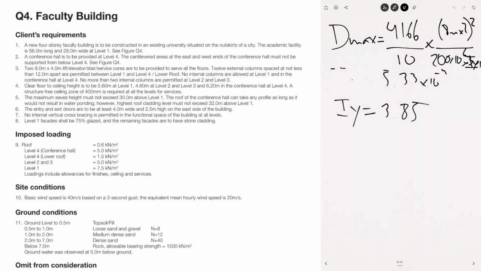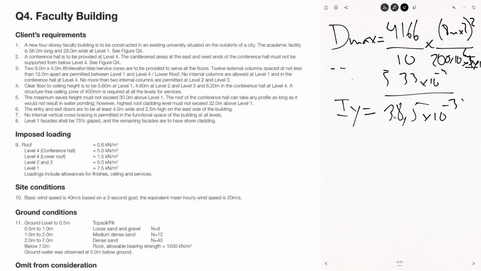No. Right, 3.85 times 10 to the power of 3, 38.5. So it will be 38.5 times 10 to the power of 3, 5 times this divided by this.